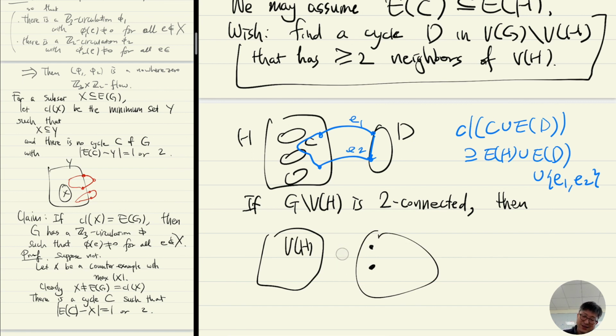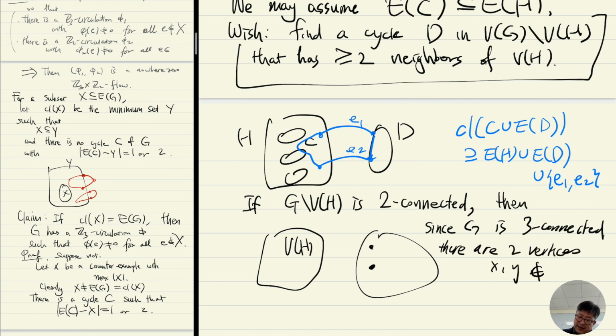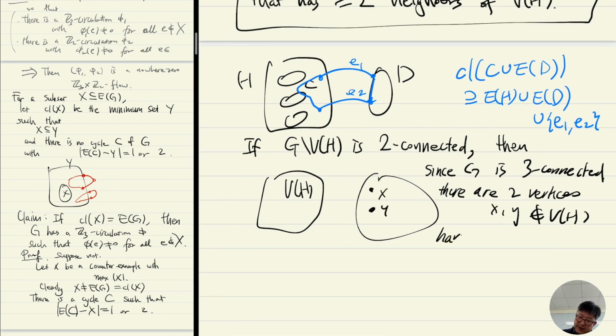Since G is 3-connected, there are 2 vertices x, y not in V of H having neighbors in V of H. Why?